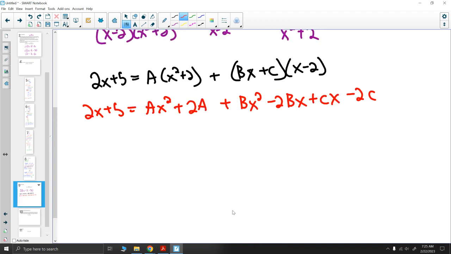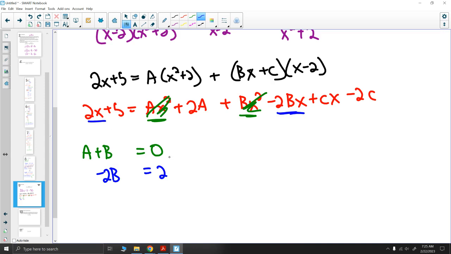All right, so let's take a look at our squareds. First of all, we have no x squared over here, so our x squareds here, a plus b must be equal to 0. Take care of that. This is gone. Okay, now let's take a look at our x's. Here's our only x, so that is negative 2b is equal to 2, oh, there's a c, okay, plus c. That's taken care of there.